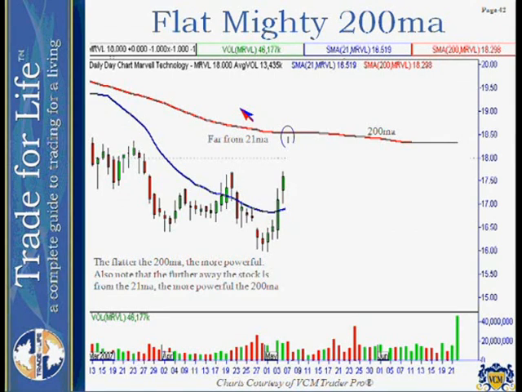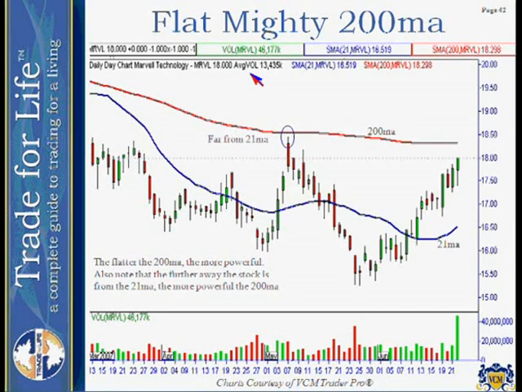One penny above the high. Excellent. And if you held, you got rewarded nicely. Beautiful. All right.